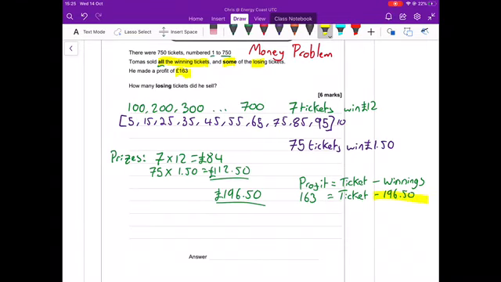If I basically do 163 add £196.50, that's how much money he's made through tickets, okay? So the ticket money is equal to those two yellow things added together. 163 add £196.50. So through selling tickets, he has made £359.50.